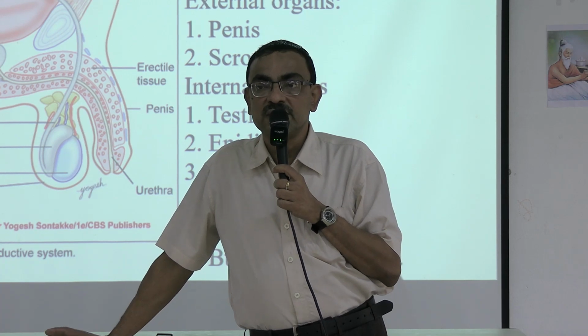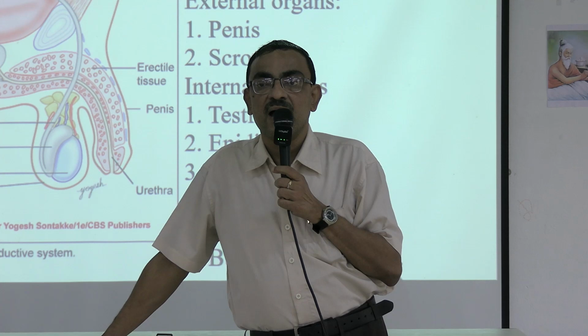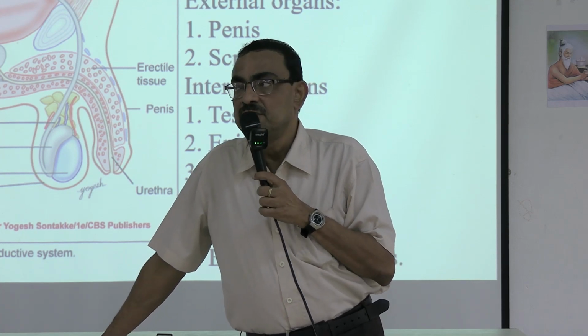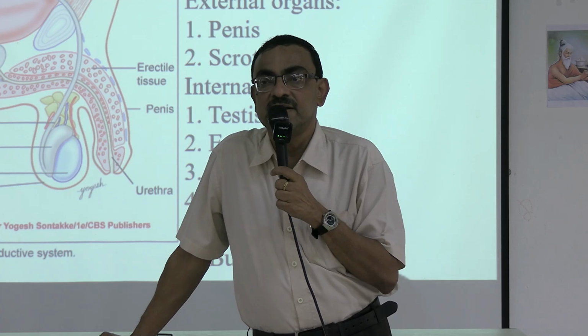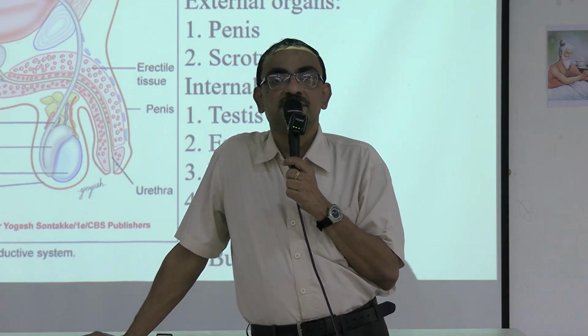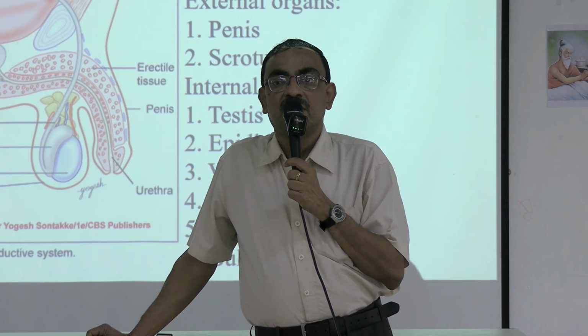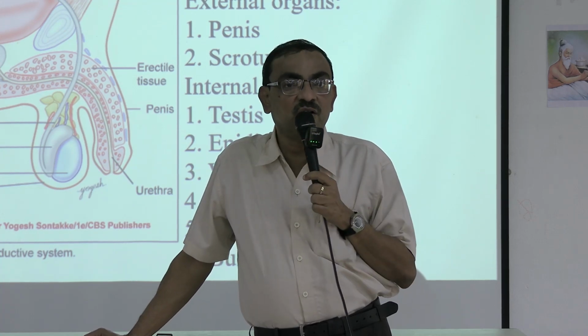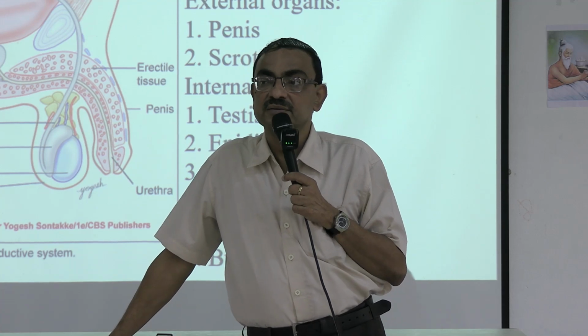So testis along with the scrotum and the male organ of copulation, that is the penis, is present, which we can see from the outside. And there are other organs which we cannot see from outside.